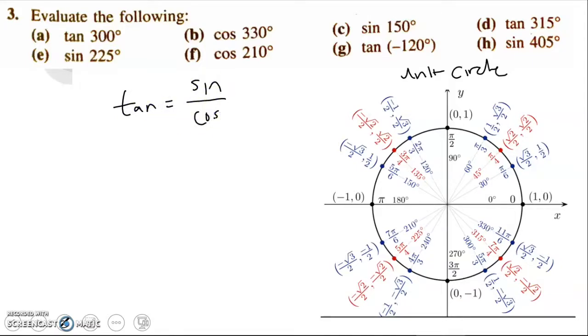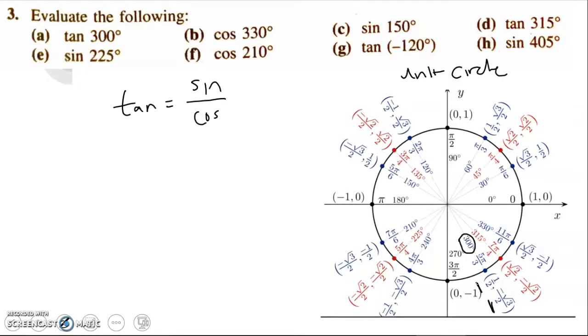It's an identity we'll learn later. But that's basically how you can do tan here. So if you take a look at 300, you would do sine over cosine, and you'd simply get what the ratio for tan 300 should be.